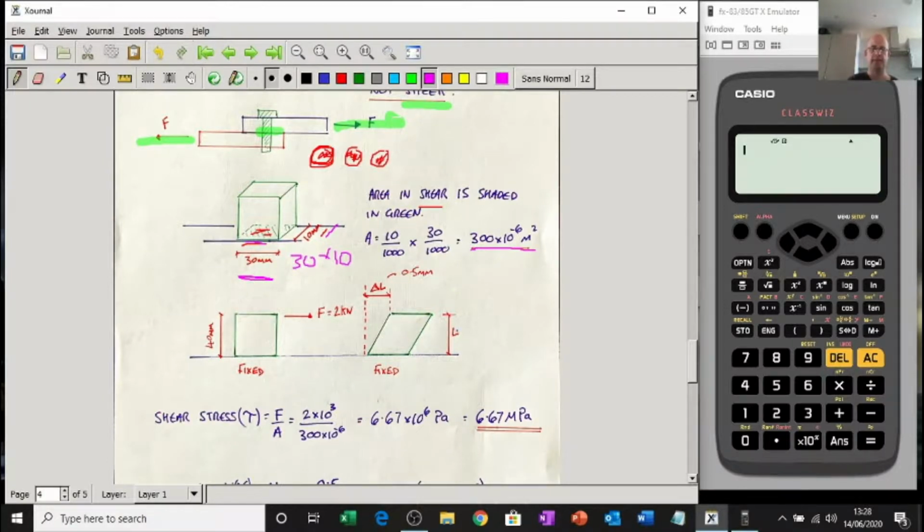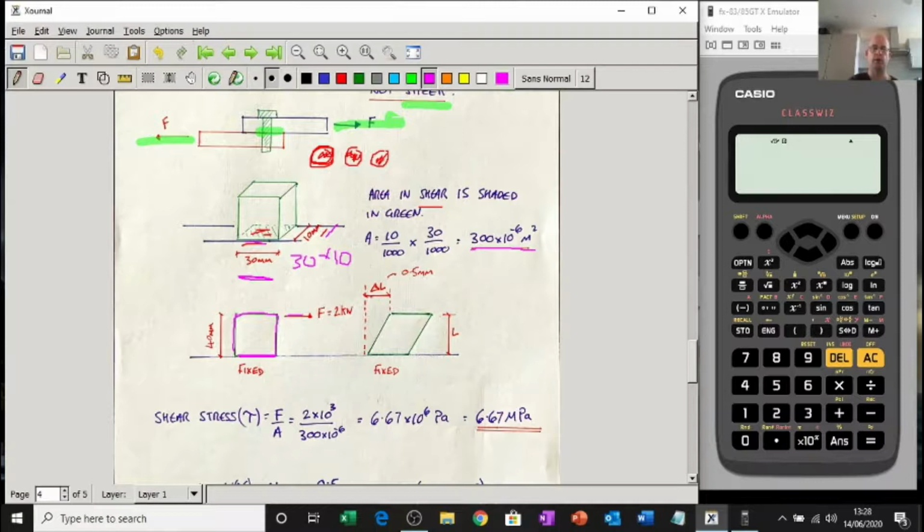Another slight difference is this. If I've got a rubber block, and it's fixed here, so it can't move, it's 40 mil high, and I've got a force coming this way, I'm pulling it this way, it's going to go like that on the squint, because this force is going to make it deform that way.